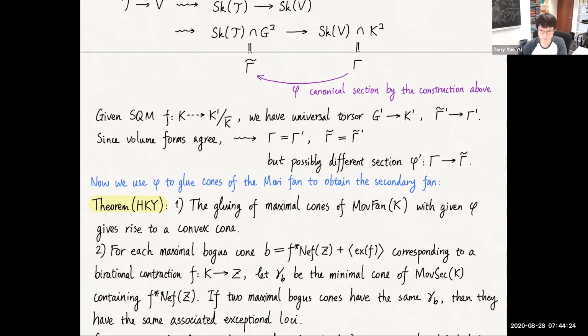In other words, when we glue the maximal cones inside the moving part of the secondary fan, it also induces a gluing of the bogus cones that are attached to the moving cone, because they have the same exceptional loci.